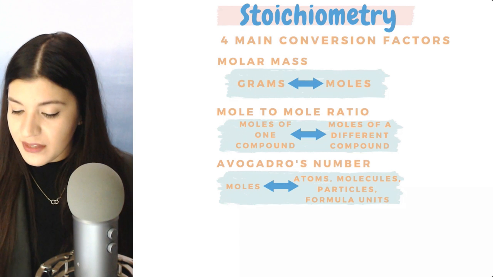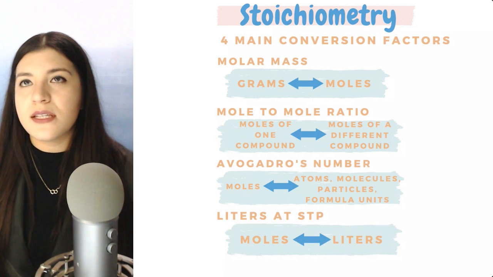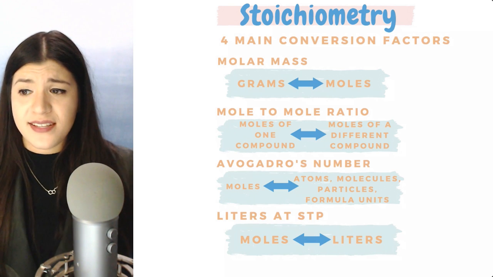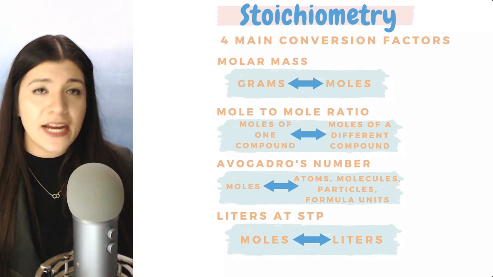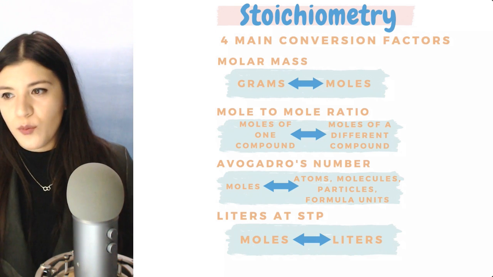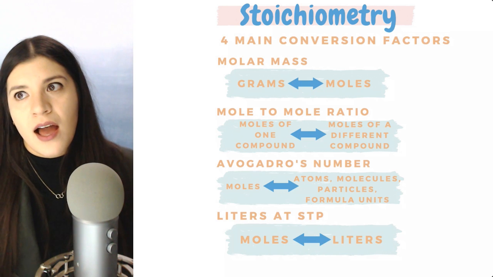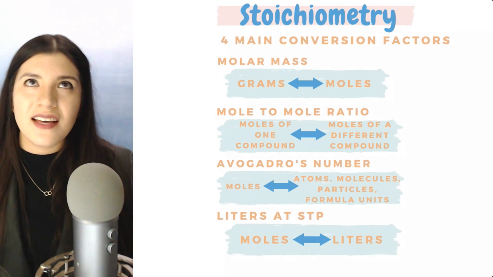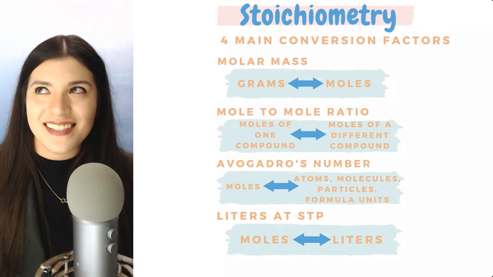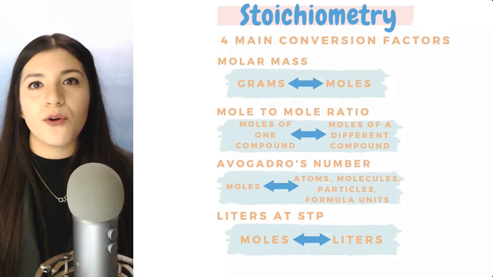All right, last one. So you guys will see this later on when you get to gas laws, where we're talking about liters at STP. STP is standard temperature and pressure. To get a little bit into it, all that really means is gases, if they behave ideally, I kind of want you to think of a gas as a 3-year-old. Okay.